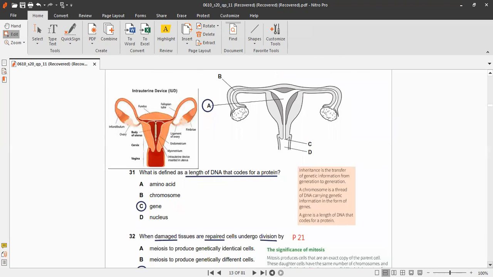What is defined as the length of DNA that codes for a protein? Yes, the correct answer, gene. Gene is a length of DNA that codes for a protein. But a chromosome is a thread of DNA carrying genetic information in the form of genes.